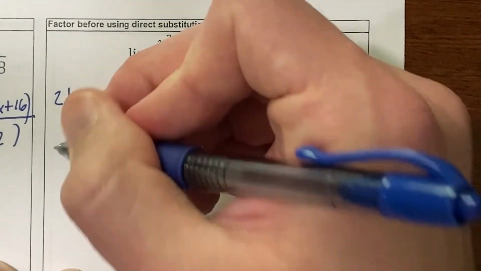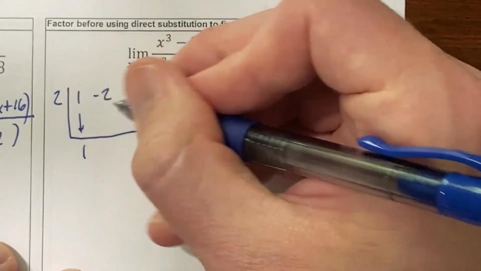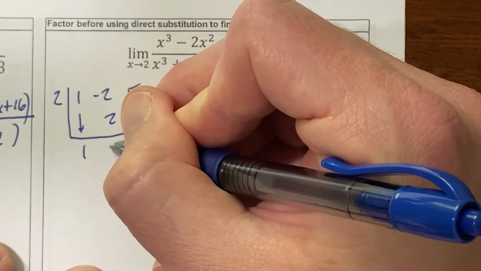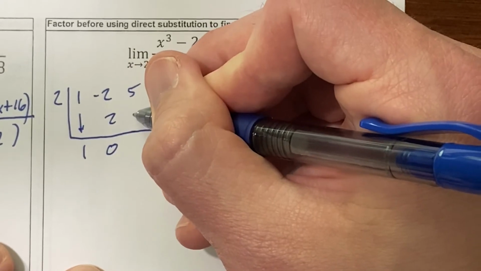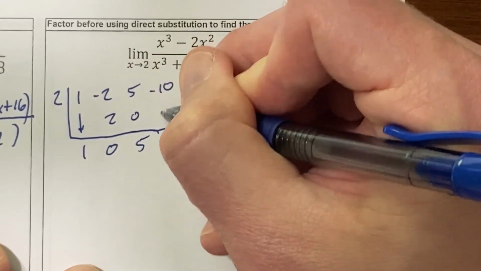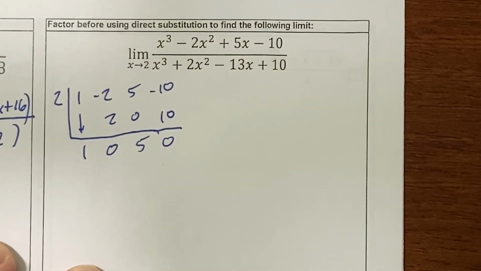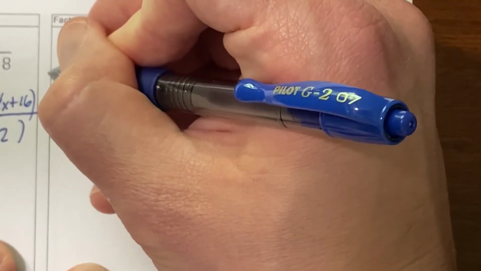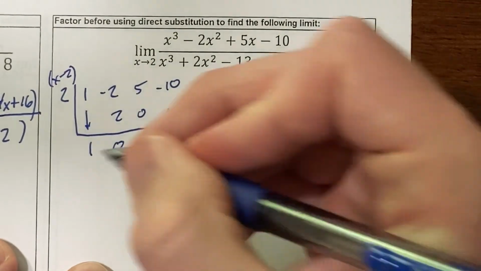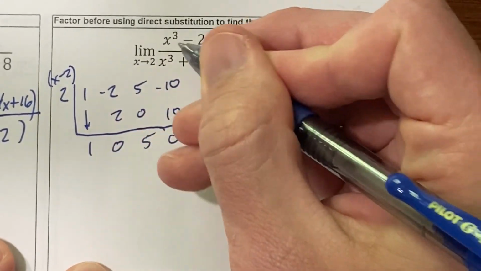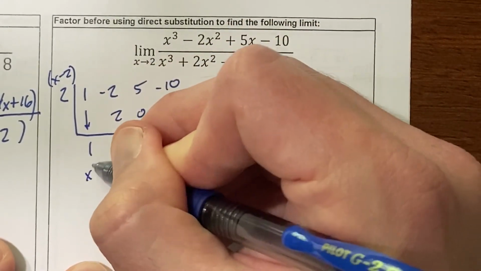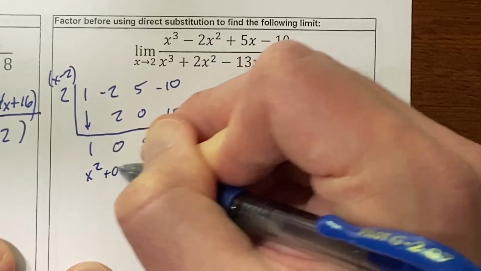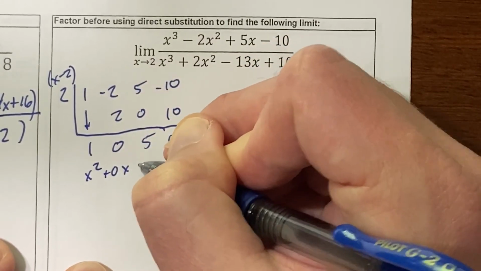I should have edited this, but whatever. Bring that down. You get 2. That'd be 0, 0, 5, 10. Sweet. All right, so that means x minus 2 is a factor, and that would leave me with, if this was cubed, x squared plus 0x plus 5.